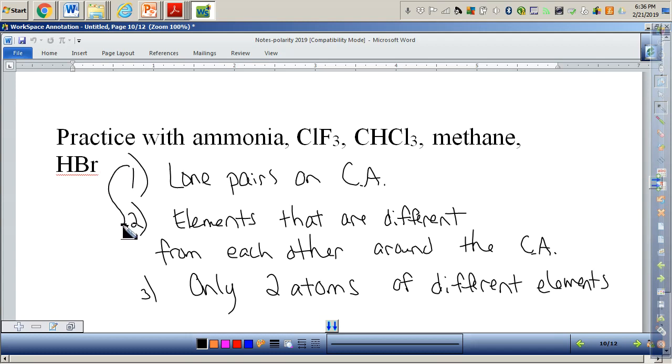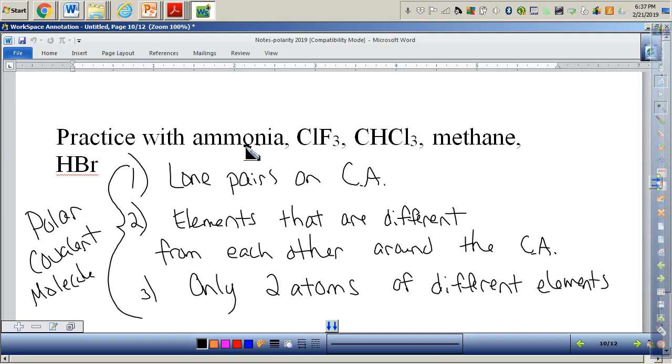If you see any of these 3 criteria, then you know that you have a polar covalent molecule. Because these are nice, easy ways to determine that it's polar, it's not a bad idea to memorize these 3 things. Okay, so that's part 1 of your notes on polarity.